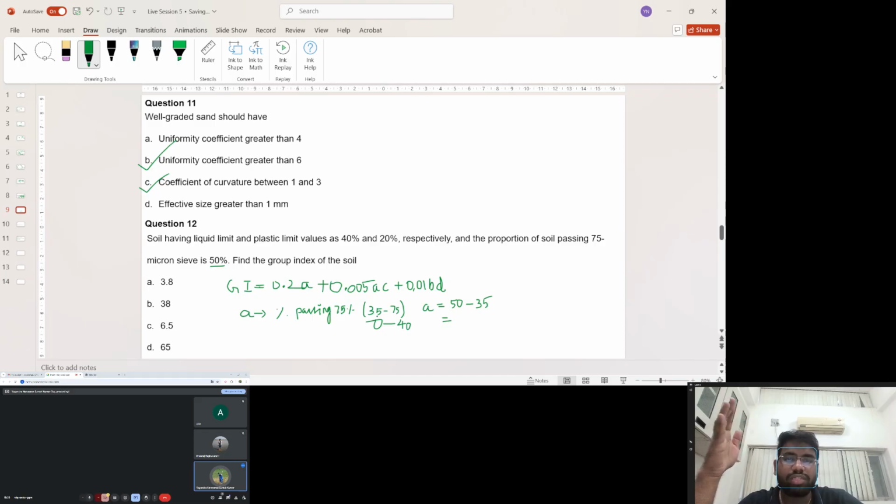If the value is 35%, it will be 0; if it is 40%, it will be 5, like that. So this value is 15.